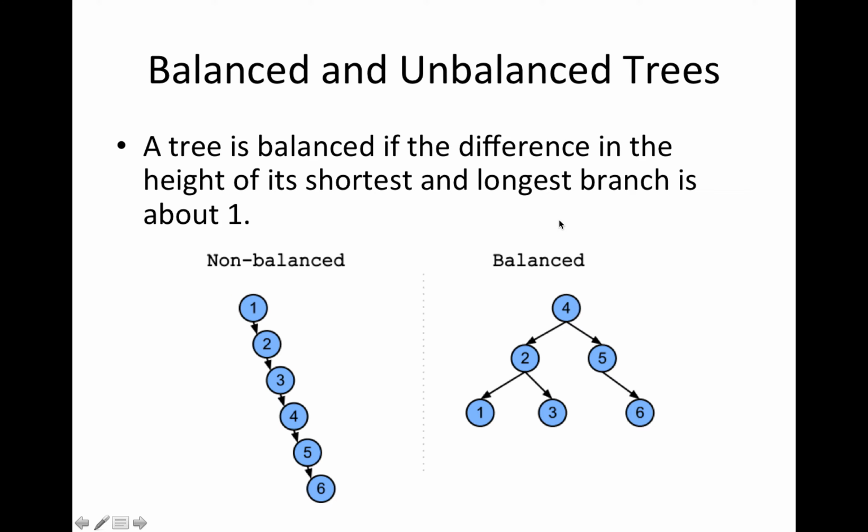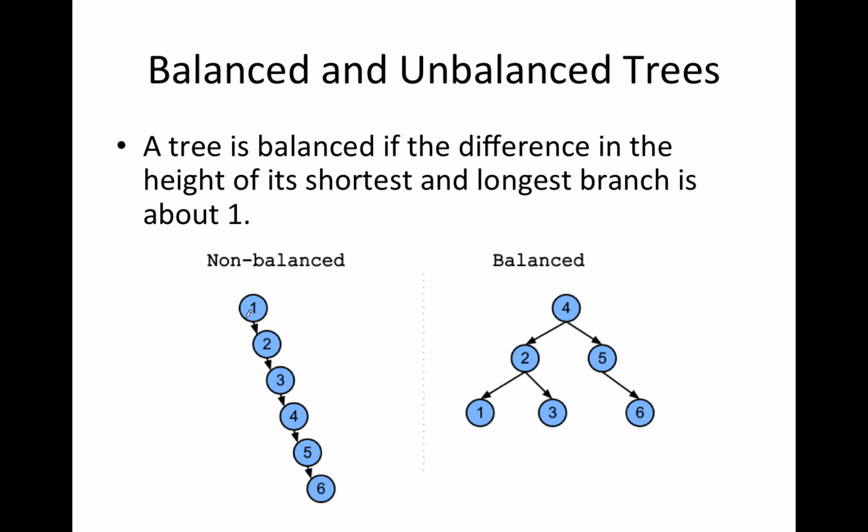So trees can be balanced or non-balanced. Intuitively, just looking at the figure, you can see that the tree to the left is very unbalanced, skewed to the right, while the tree on the right hand side looks more balanced. More formally, if the difference between the shortest and the longest branch of any node is more than 1, the tree is called non-balanced.